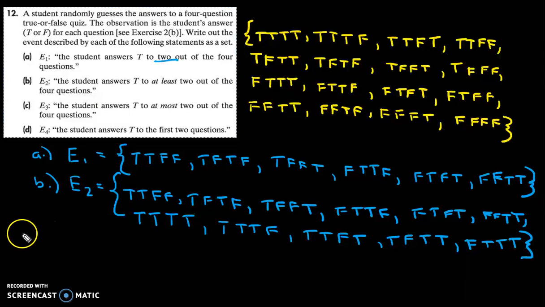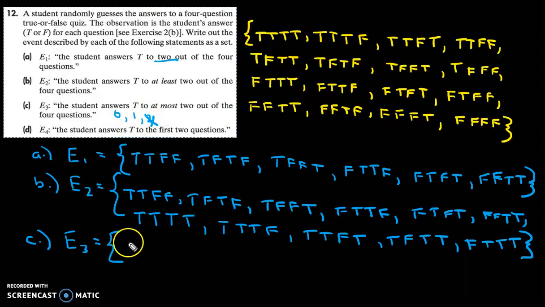Okay, then part C, the student answers T to at most 2 out of 4 questions. So what does at most mean? At most 2, you could have 0 trues, or you could have 1, or you could have 2. But you can't have 3 or 4. So first, I do know I have a list of all the times where there's 2, right here.